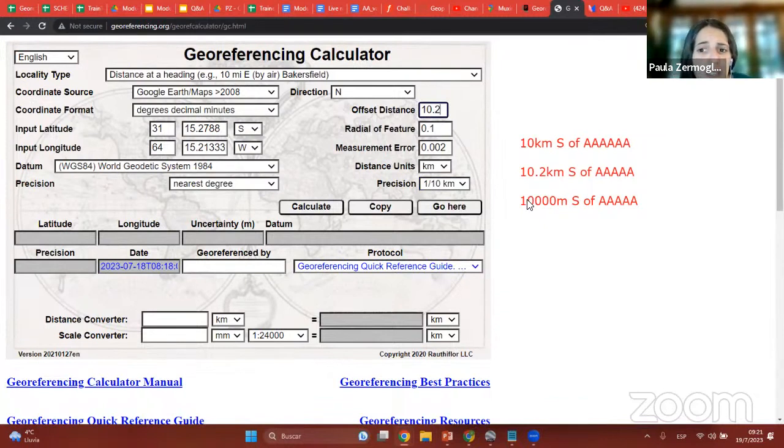If we were measuring in meters, see that this distance is the same as the first one, 10 kilometers. But here, the difference is that we're measuring in meters. I'm going to modify this to make it more obvious.